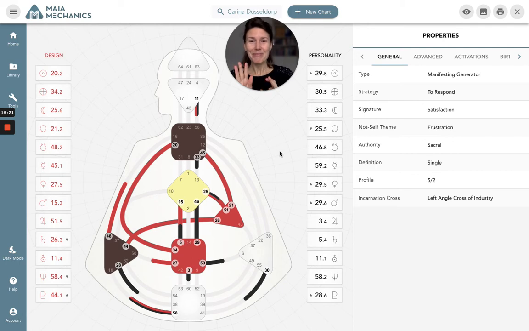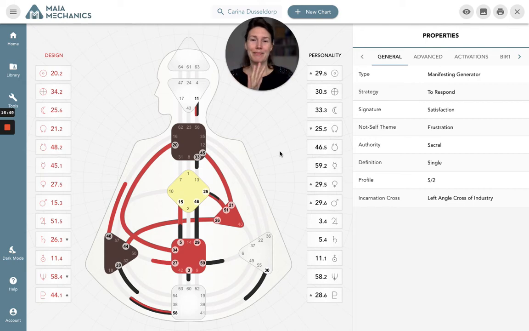So, for example, if you would color in all the open centers, all the whiteness, you get the complete opposite of what is colored in here. And that is what we call in human design the not-self.